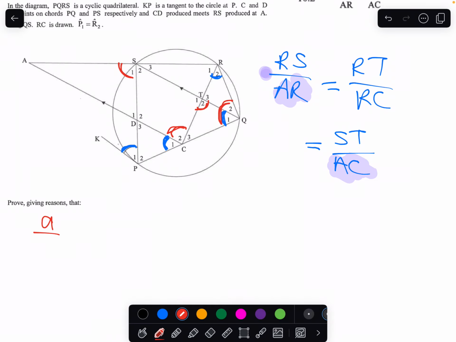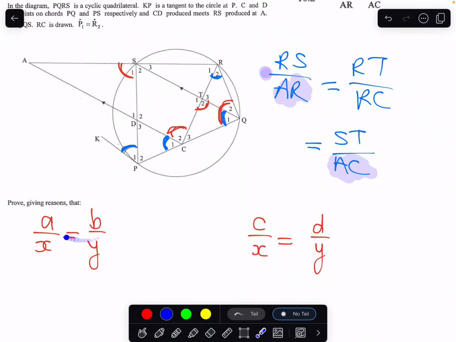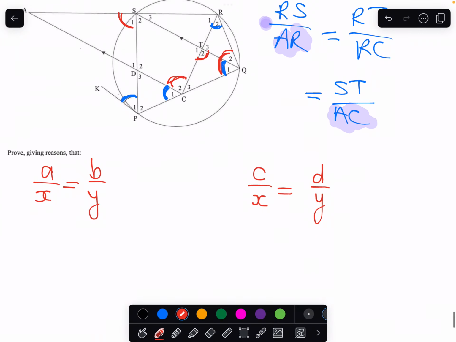So if I have A over X is equal to B over Y, and then somewhere in some other world I have C over the same X is equal to D over Y, is there anything about these two things that... So let's do it with real numbers.